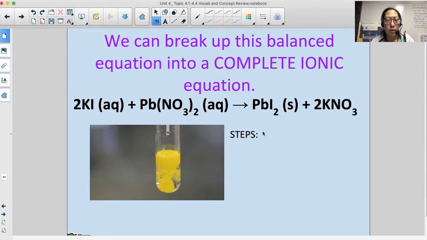All right, so we're going to break up this equation into a complete ionic reaction. Here's where we're getting prepared to do our net ionic. So steps: break up all aqueous ionic compounds.